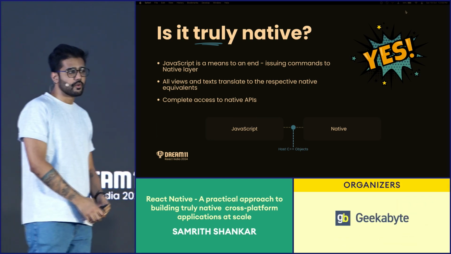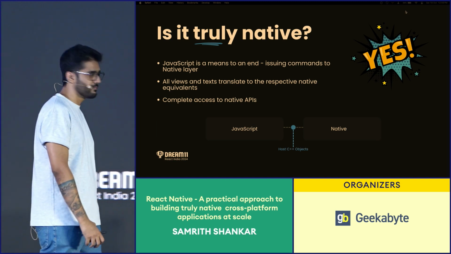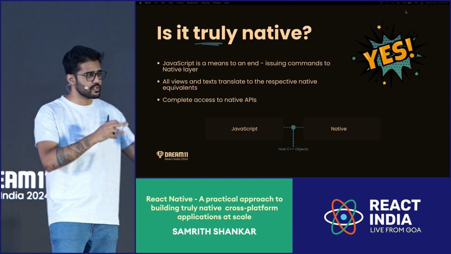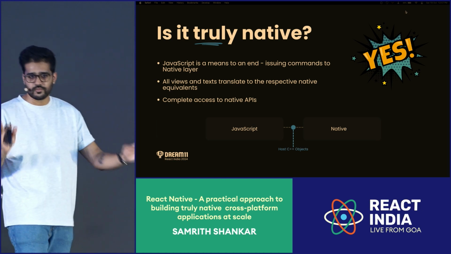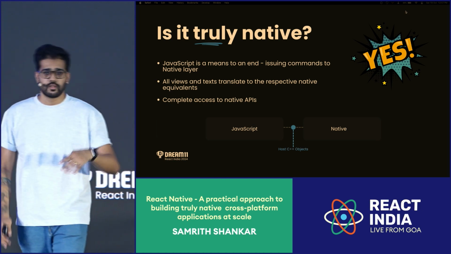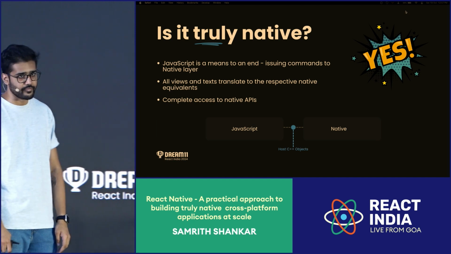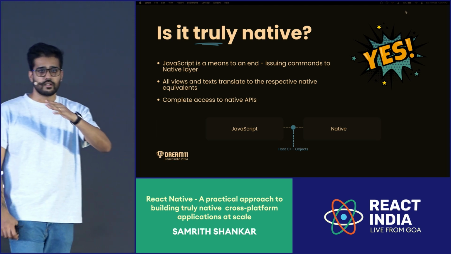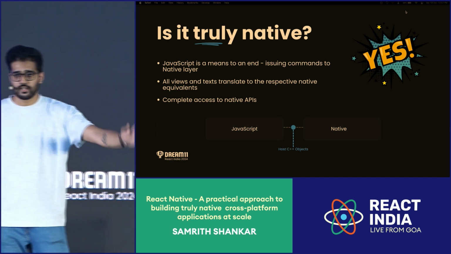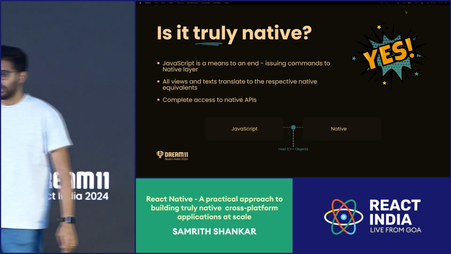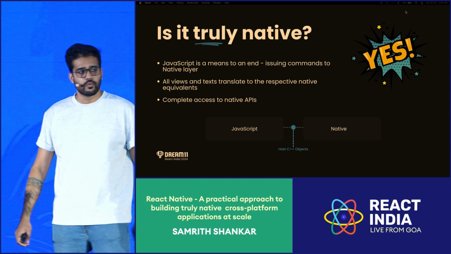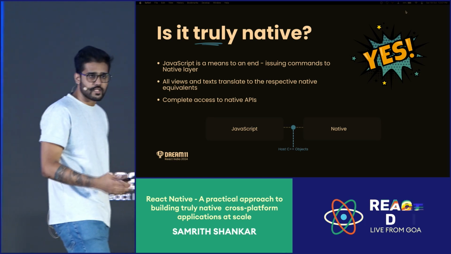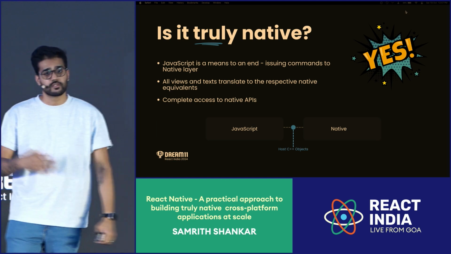The way it works in bridgeless mode is that JavaScript can now directly interface with native via host C++ objects. I won't get into details of that, but there's a very good article on it on the React Native website. Now there's no serialization or deserialization. You can send your instructions directly to native, which is really, really fast. And there's less overhead even when your app is starting, because it needs to initialize fewer things, and the cost of initializing the bridge is also pretty high.